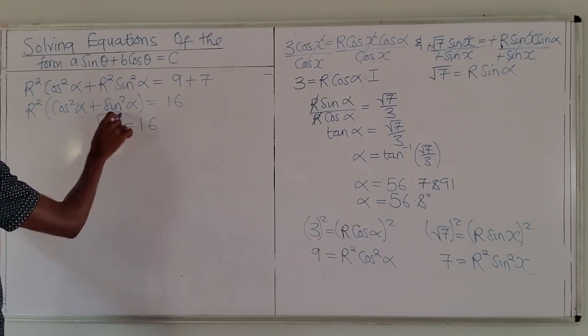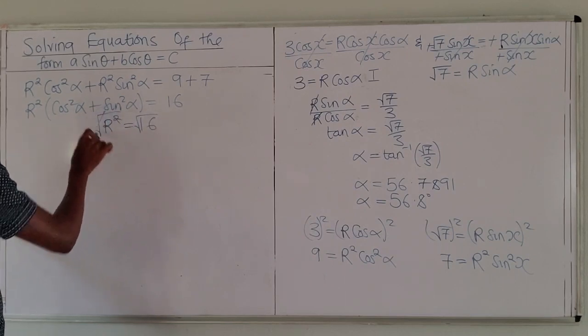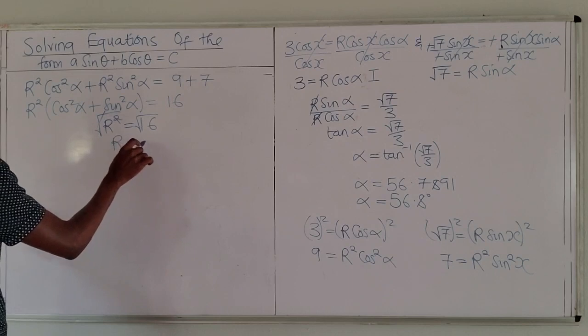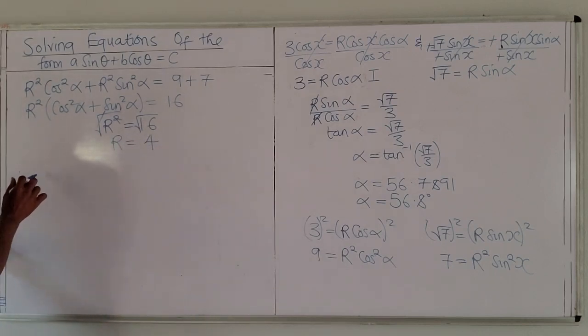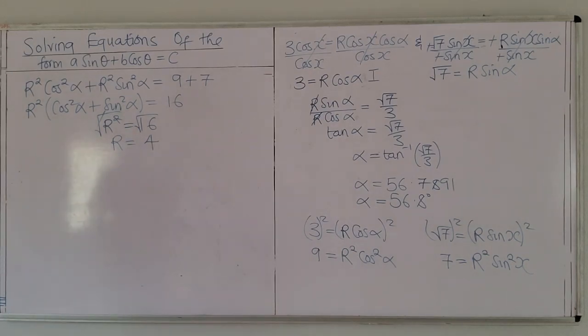So we look for the square root. Square root, our r becomes 4. Therefore, in this case, we now express in terms of what we have been asked to do.